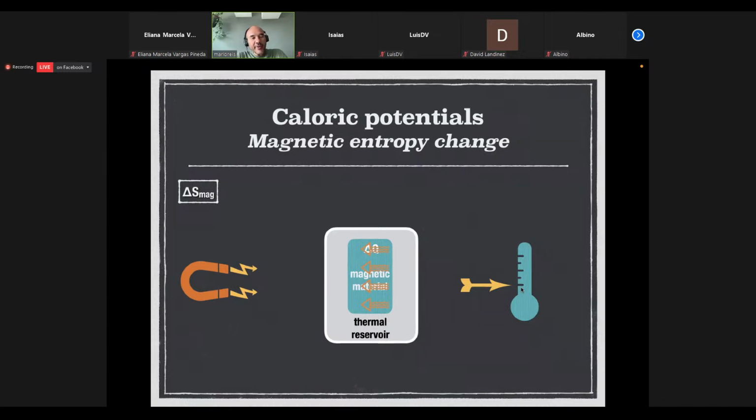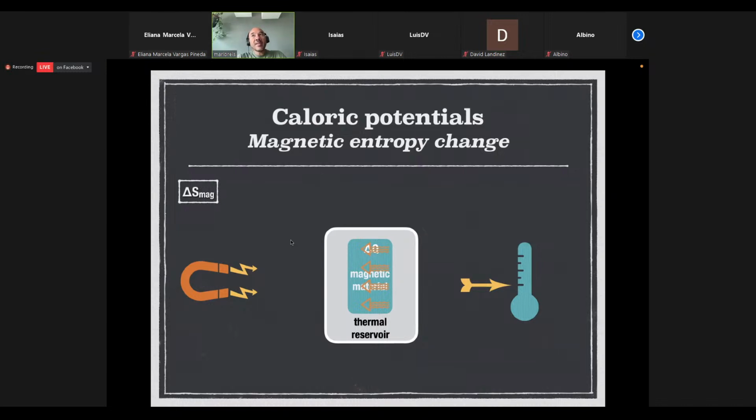These amounts of heat exchanged with the thermal reservoir can be characterized in our lab. We know this temperature. If you know this temperature, there is one very useful thermodynamic quantity: the amount of heat exchanged is equal to the temperature times the change of the total entropy of the system. However, there is one important point that I will describe in a couple of slides ahead.